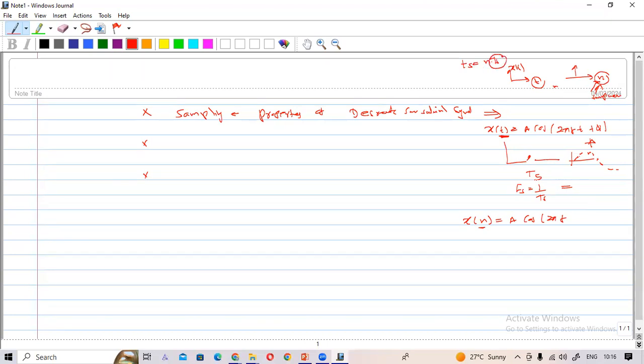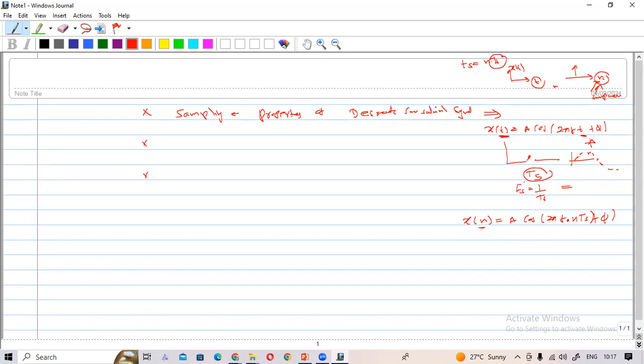Ts is the sampling time. So now once you discretize, we have some samples, and this t you can represent using nTs, and the phase φ is there.